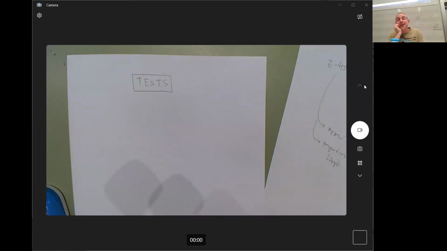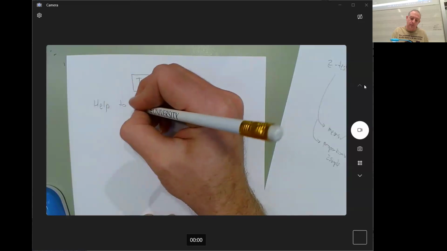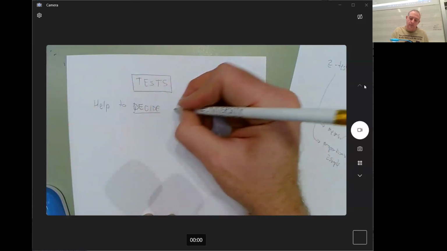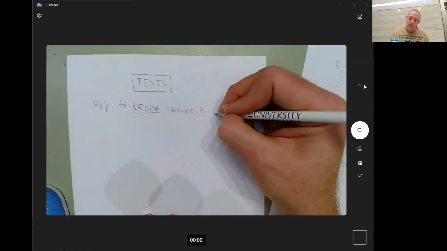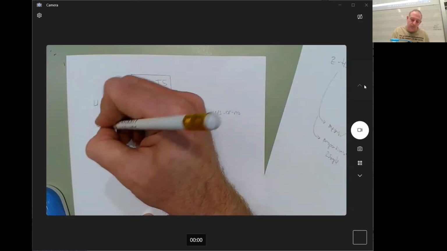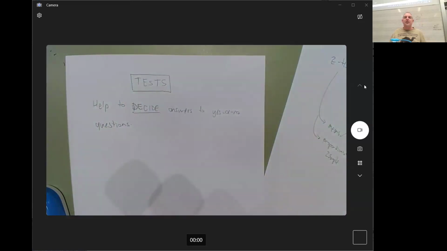And what statistical tests do is help you decide answers to yes or no questions. That's what tests are for.